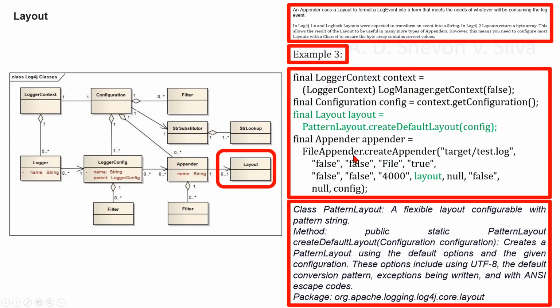Here the class PatternLayout, a flexible layout configurable with a pattern string. The method public static PatternLayout createDefaultLayout(Configuration) creates a pattern layout using the default options and given configuration.